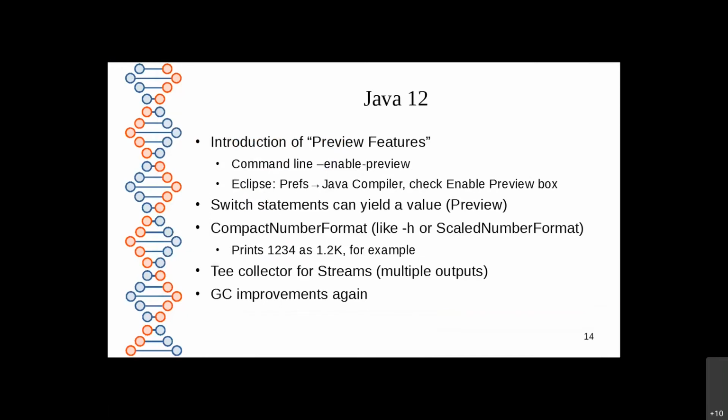So preview features now allows them to put a feature out into the JDK. You have to enable it. So by default, you won't be bothered by these, but if you want to explore them or if you need to start using a feature immediately, on the command line, you put --enable-preview, and that enables all the preview features of the current release.